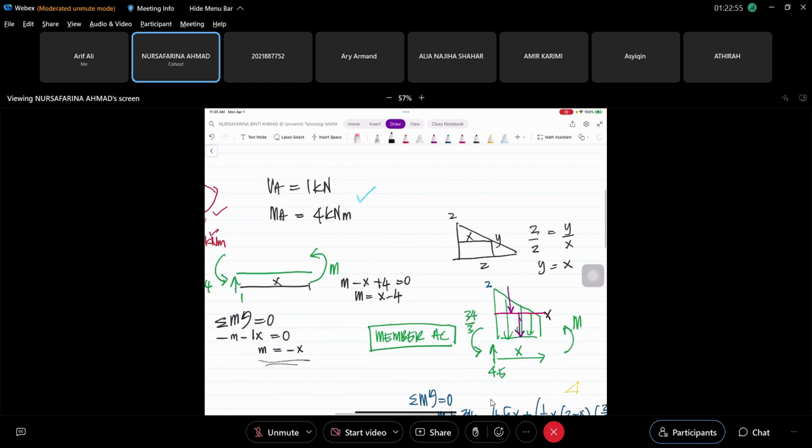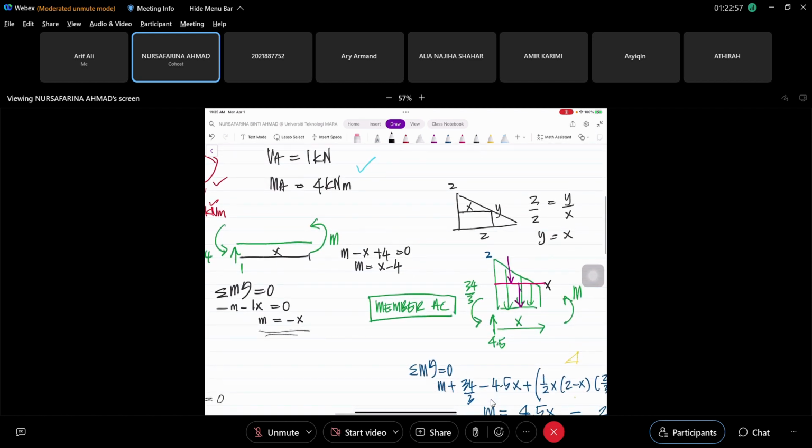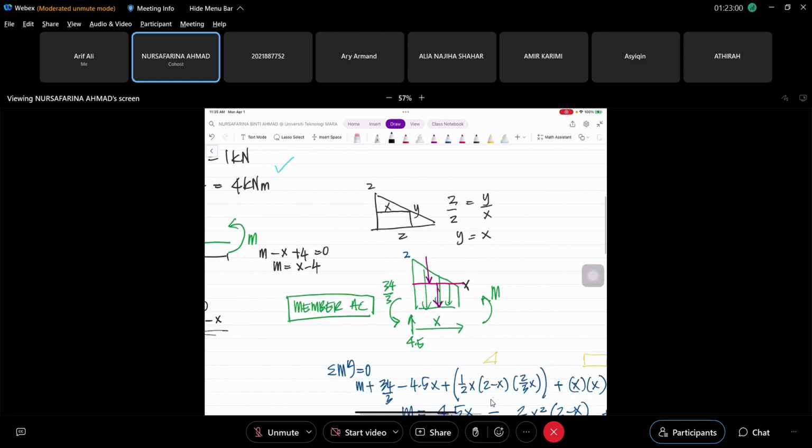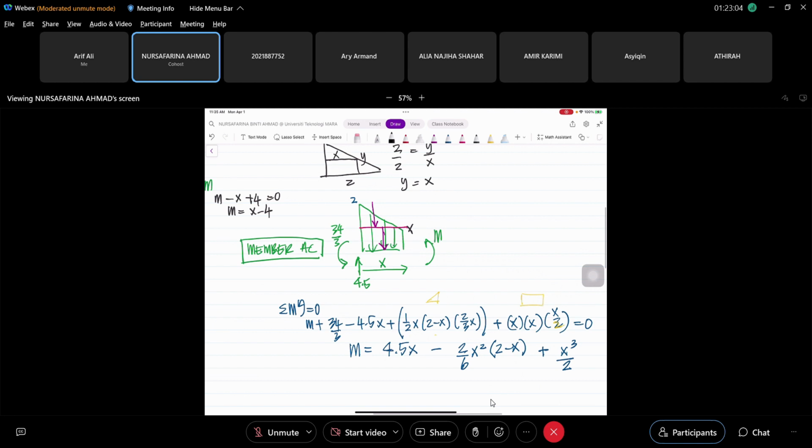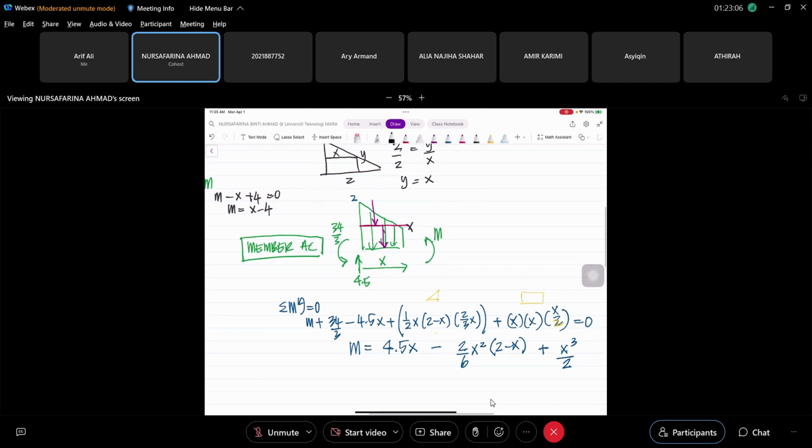Equal to negative x. Okay, kalau you cut from right hand side satu, left hand side satu, you akan dapat jawapan macam ni. Okay, so first you cut triangular. Dekat sini you kena carilah tinggi dia. Yang besar macam ni. So ni x.